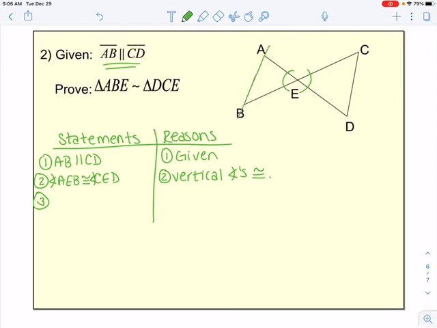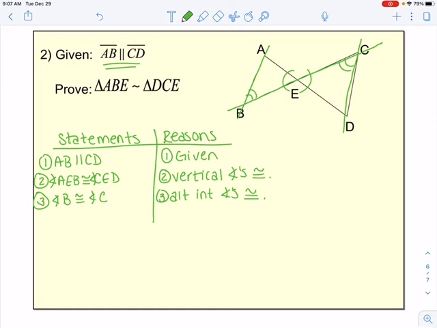Well, here's AB, here's CD, and how about we make that the transversal, which would make this angle congruent to that angle because alternate interior angles are congruent. So angle B is going to be congruent to angle C, and again, that is because alternate interior angles are congruent.